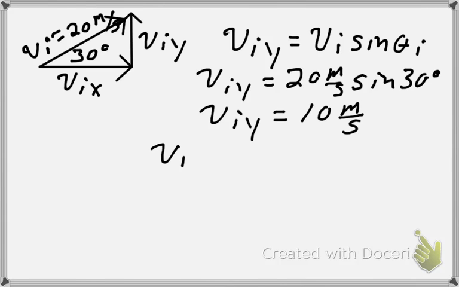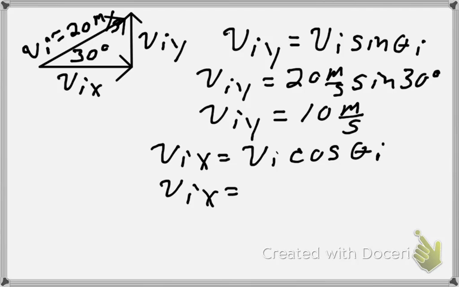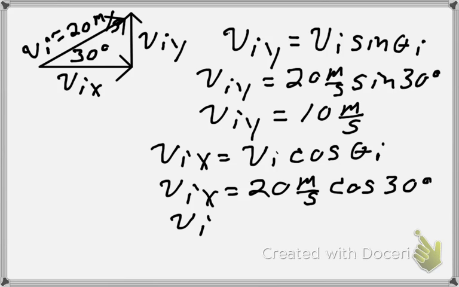Now, my velocity initial in the x will be velocity initial cosine theta initial. So it will be 20 meters per second times the cosine of 30 degrees, which gives me 17.32 meters per second.